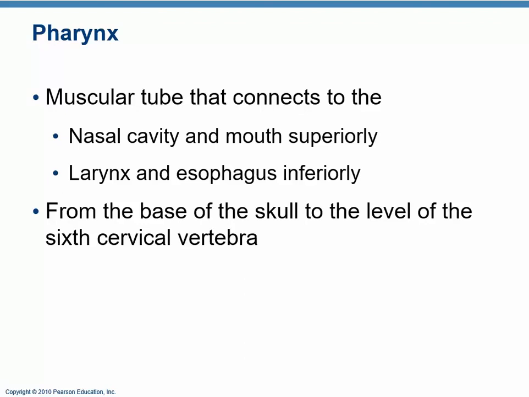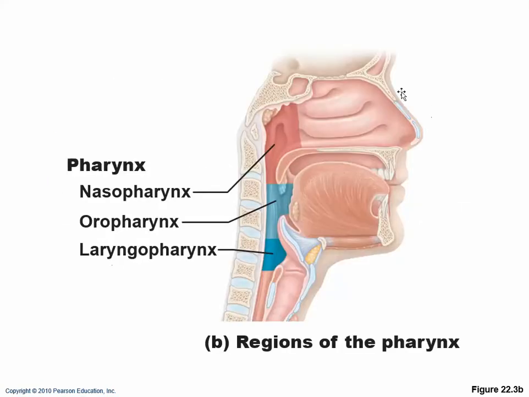There's the part behind the nose, the nasopharynx. There's the part behind the mouth, the oropharynx. And there's the part that attaches to the larynx, the laryngopharynx. So it runs that whole area behind the nose, from right at the base of the skull, so right from the ethmoid bone all the way down. And these are the 3 regions.